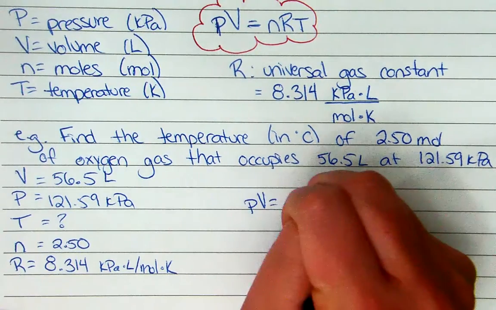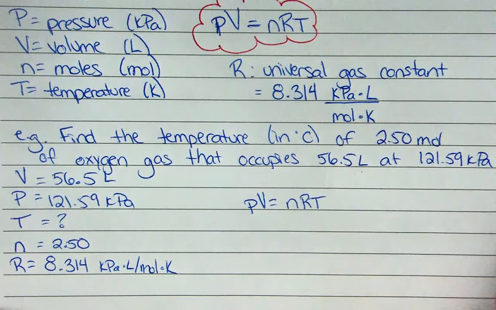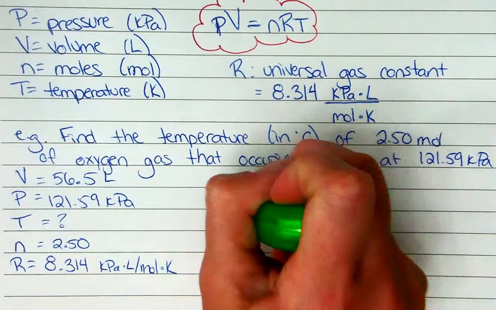If PV equals nRT, I keep making P small, I'm sorry.